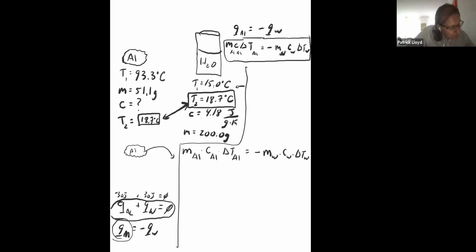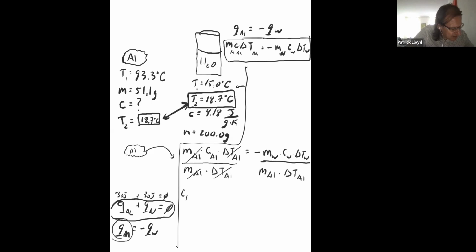We want to know the specific heat capacity of the aluminum, so I am going to divide both sides by the mass of the aluminum and the change in temperature of the aluminum. This divided by this is 1. This divided by this is 1. And you've got the specific heat capacity of the aluminum.